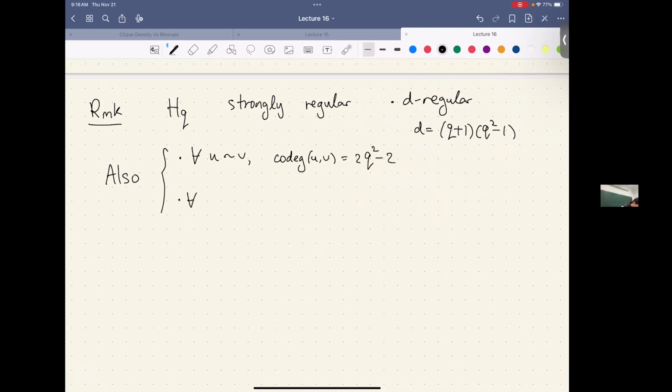And for every non-adjacent pair of vertices, their codegree is also the same, and can be computed, which is q plus 1 squared. Okay, strongly regular.